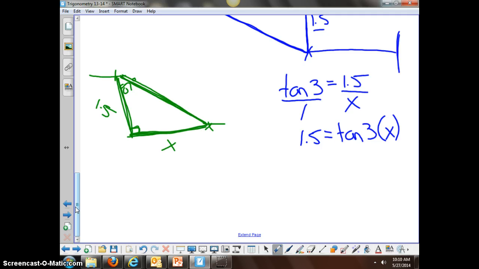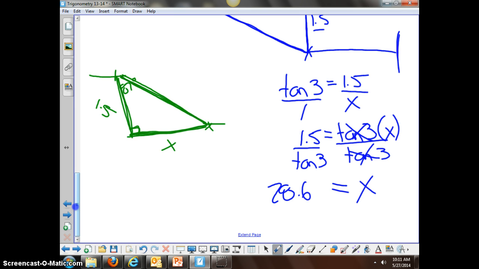Divide by the tangent of 3. And we can solve now because this cancels out with this. What is 1.5 divided by the tangent of 3? 28.62, rounded to the nearest hundredth. We're 28.62 miles from the runway. Make sense? Okay, just box that.